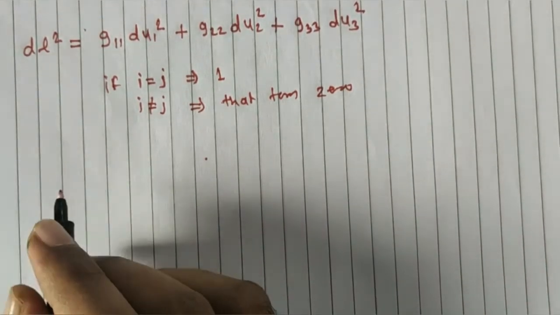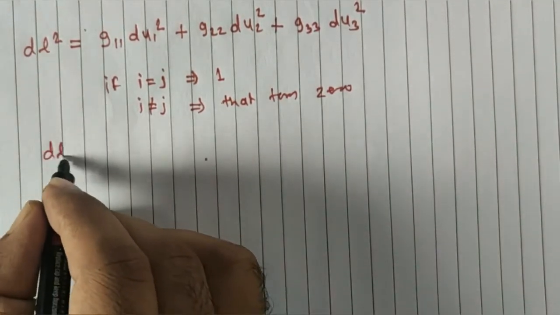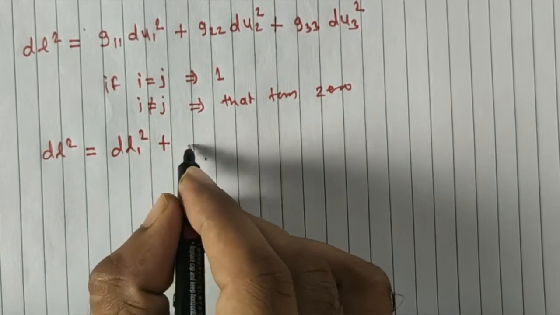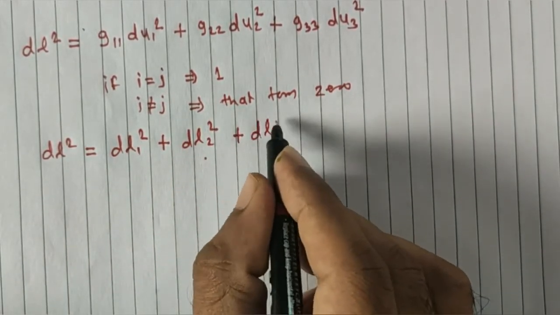Now I'm going to compare it with dl square. dl square I can write as dl1 square plus dl2 square plus dl3 square.